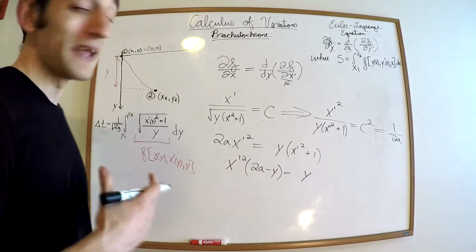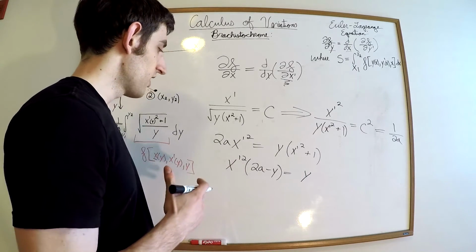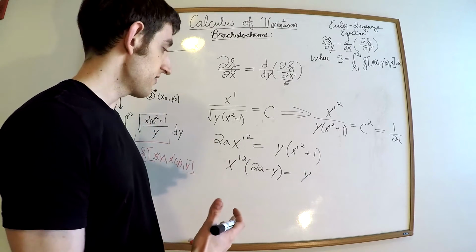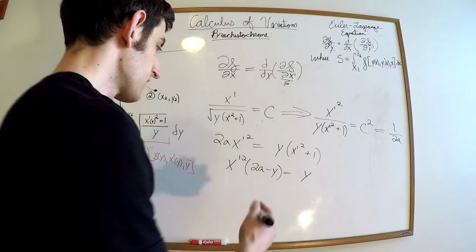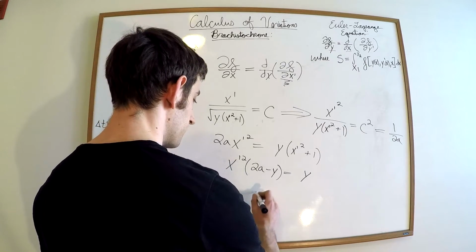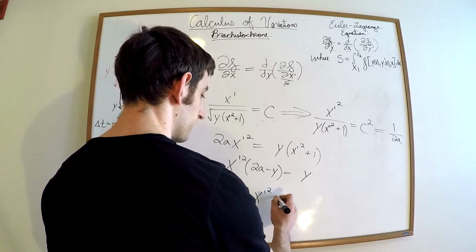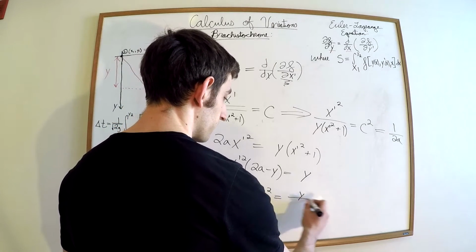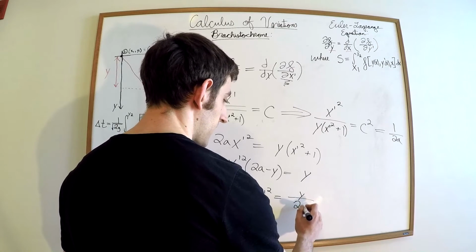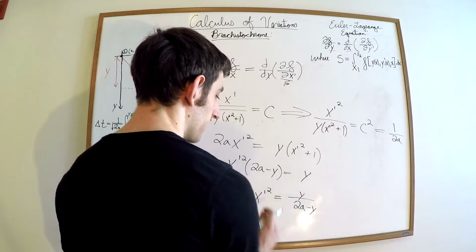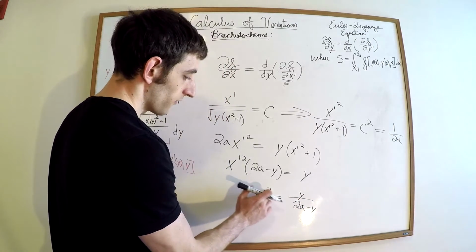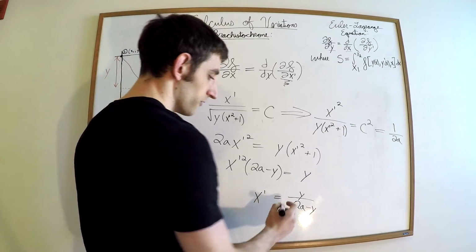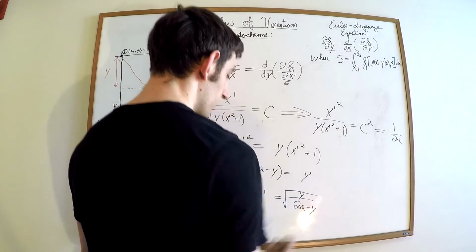So the final thing we end up with here, which we're going to have to integrate to get the final result, is that x prime squared is equal to y over 2a minus y. So we could take this squared term, take the square root, and bam.